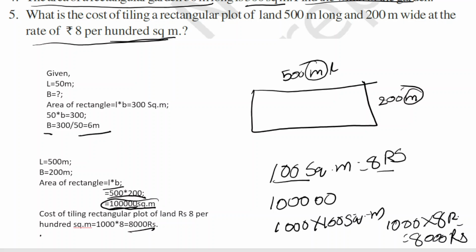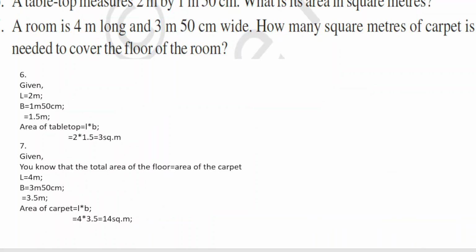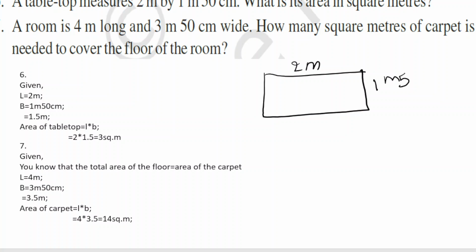So coming to the next one, a tabletop measures, suppose this is the tabletop, it measures 2 meters by 1 meter 50 centimeters. Its length is given as 2 meters and breadth is given as 1 meter 50 centimeters.